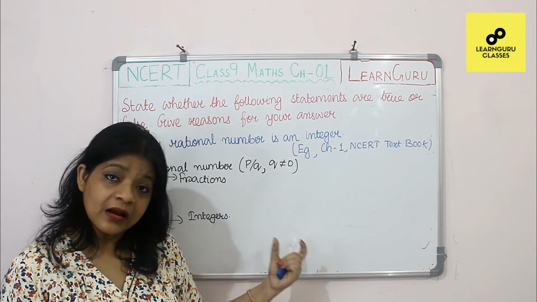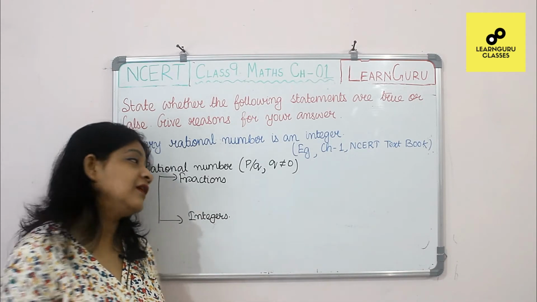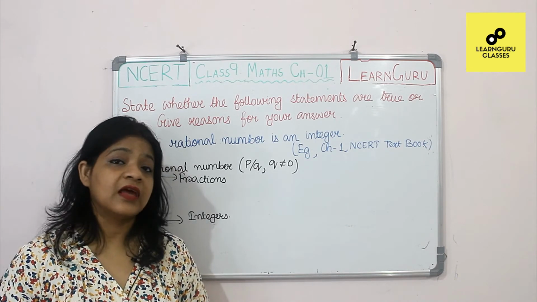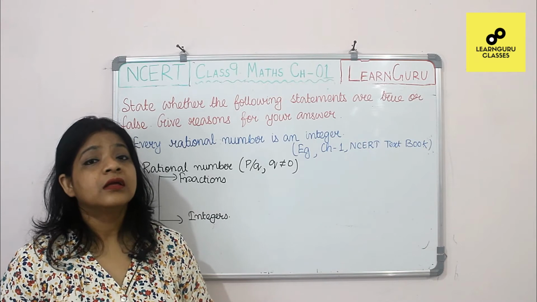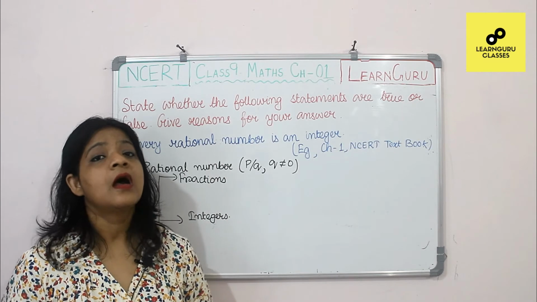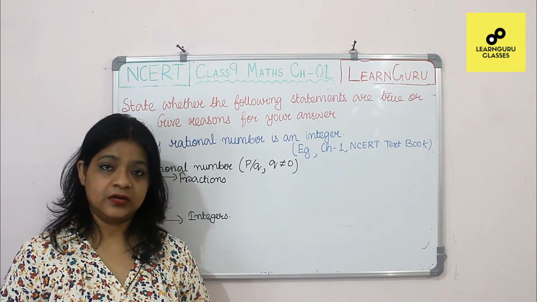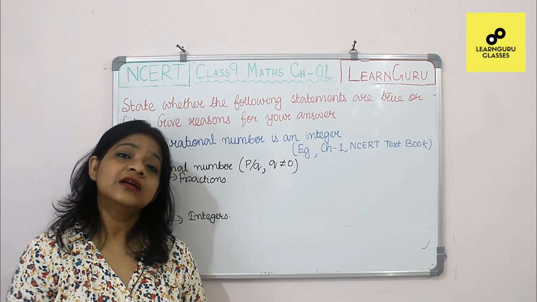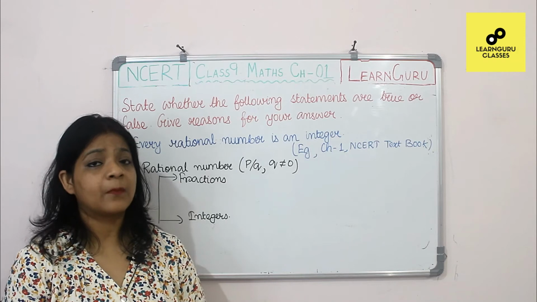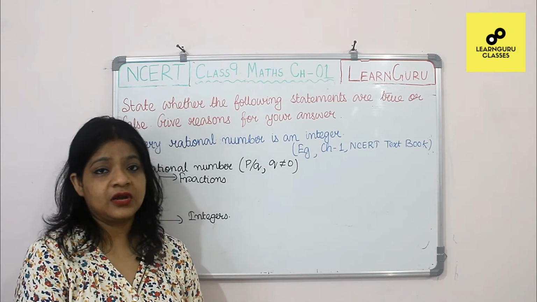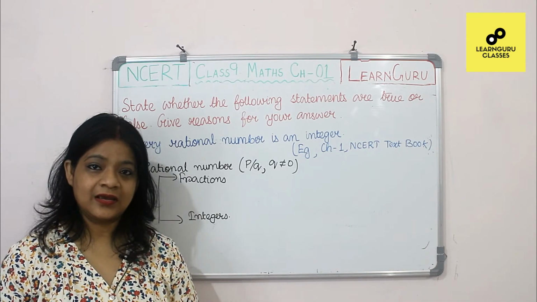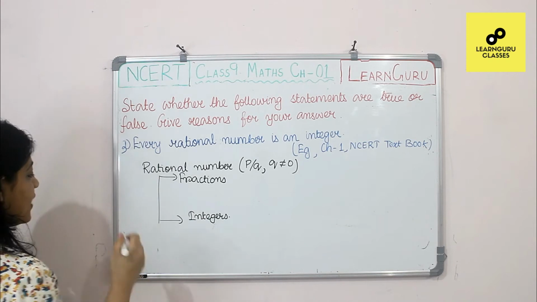Though both of them are rational numbers, we cannot say a fraction is the same as an integer, and hence we can say that all the rational numbers are not integers. Though an integer is a type of rational number, and a fraction is a type of rational number, all the rational numbers are not integers. Understood?